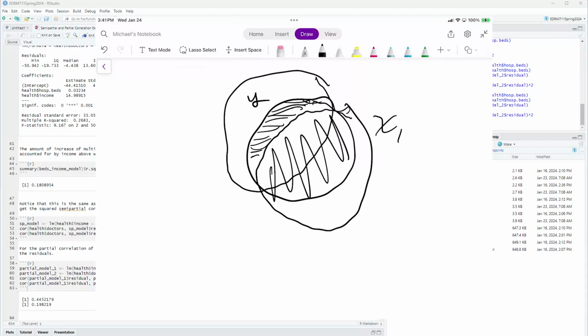So semi-partial squared is out of the total variation of y. Partial squared is out of what is left to explain, how much of it can you explain.